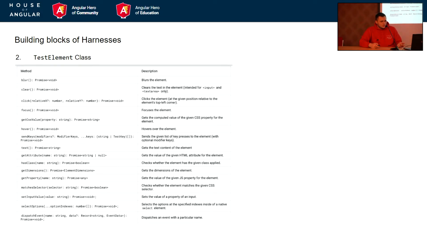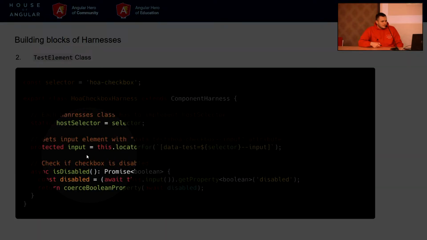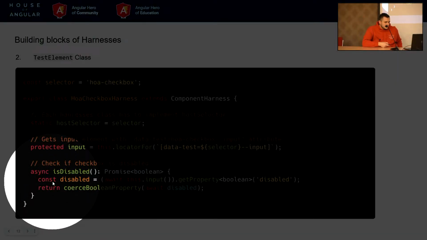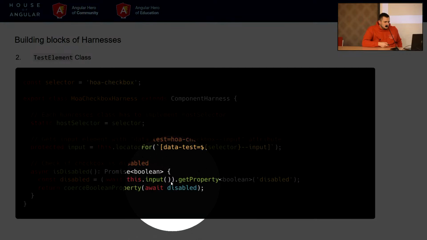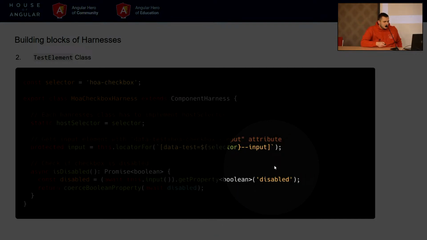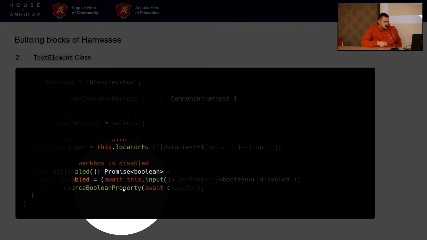What we should do instead is provide our consumer with actions, more narrow functions, which focus on the behavior of our component or the state of our component we would like to share with our consumer. So in this case, I created the function isDisabled, which first, using await, reads the input element and then checks whether this element has the property disabled. This also returns a promise, and then I just evaluate this promise using await.